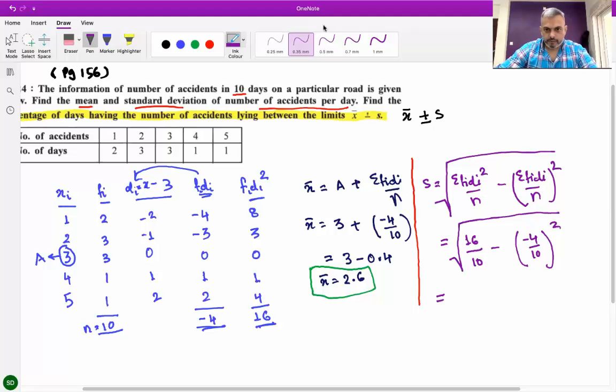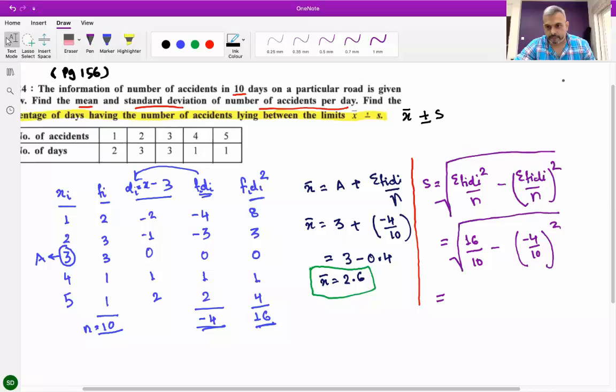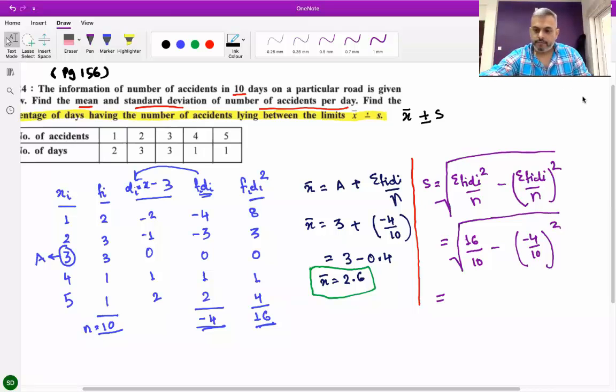So 1.6 minus 0.4 squared, which is 0.16, the whole under root.